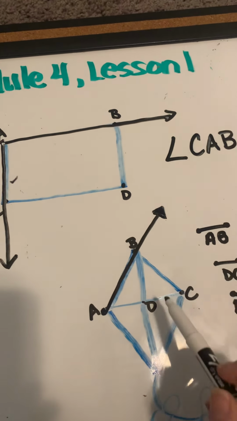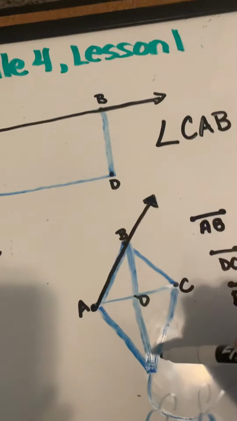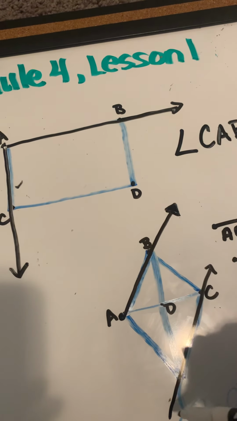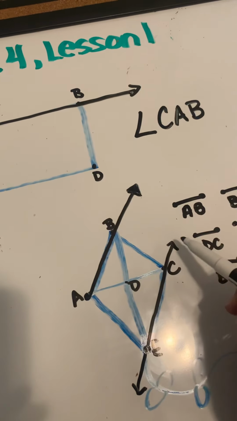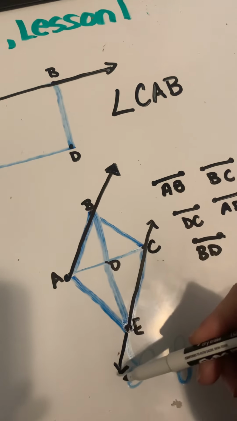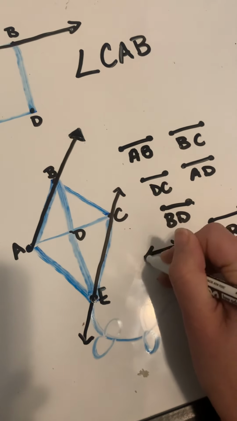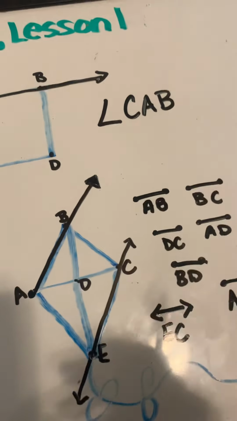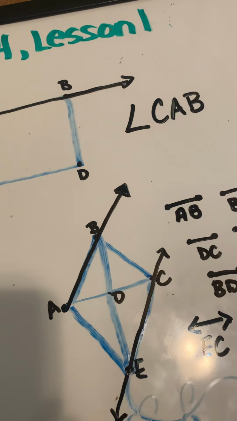If I extended another one, or if I just needed a line, I'm going to label this point E so we see how it's a line and it's going in either direction, because those arrows are telling me that. And then if I was to label it, I'd put my arrows like that and I would say this is line EC or CE.